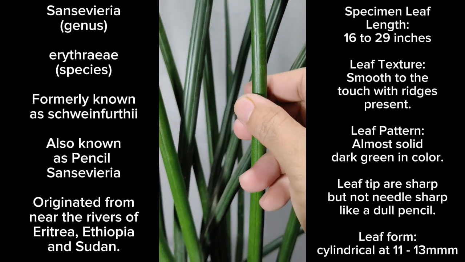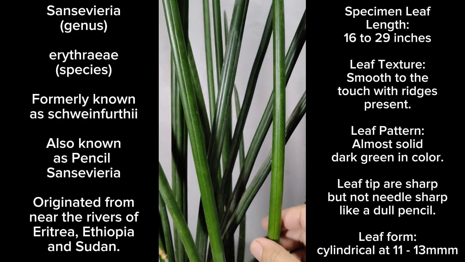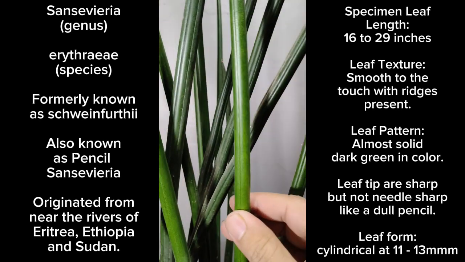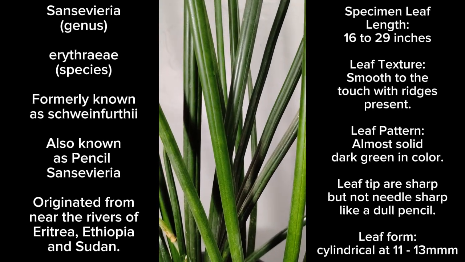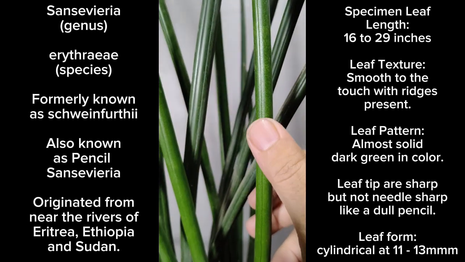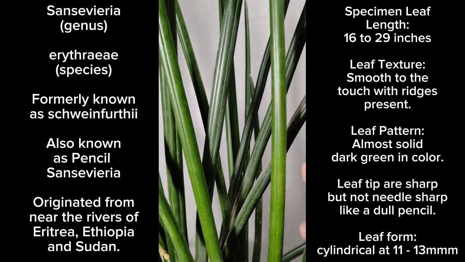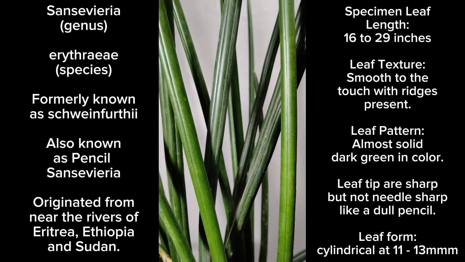And then this is how the leaf surface would look like. There is no pattern, but solid green color. If you feel it, it's very smooth to the touch. All the leaves are smooth to the touch.